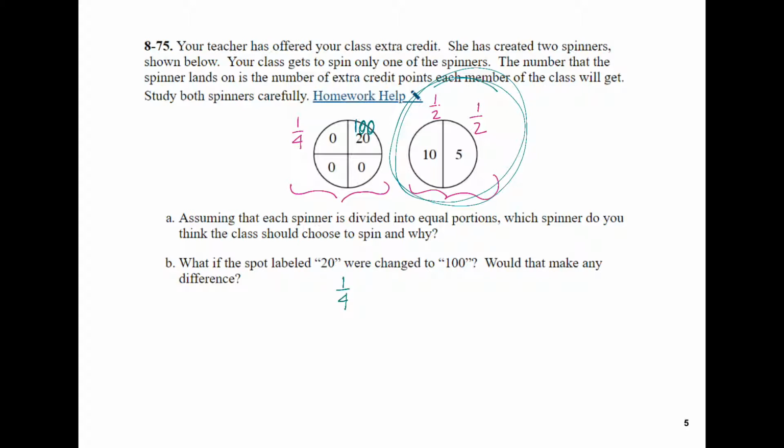So our answers may actually vary on this. So we would have less odds to get 100 points, but 100 points are substantially more than 5 or 10 points. So the spinner on the left becomes way more attractive, but our answers could vary as to which spinner we would choose.